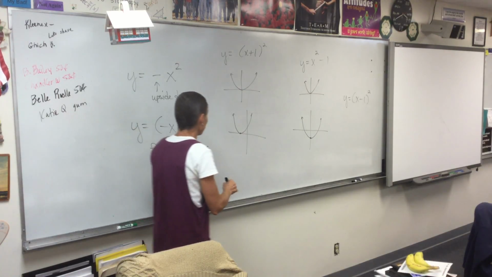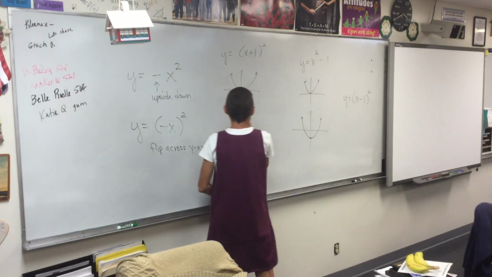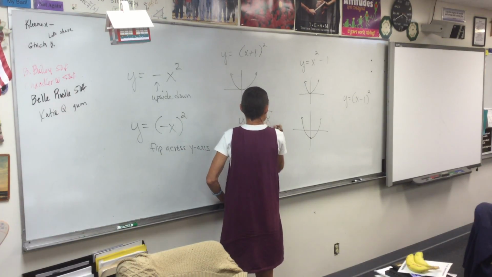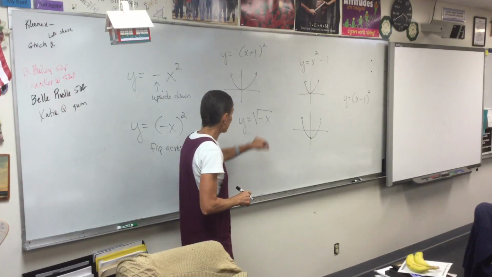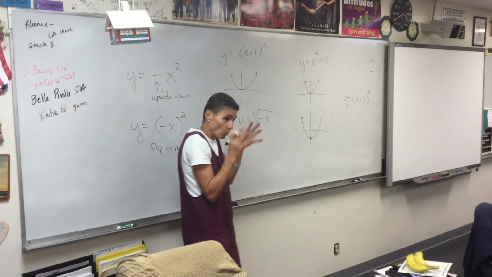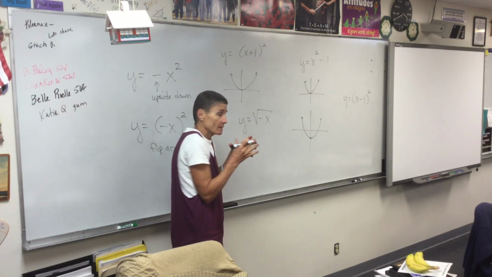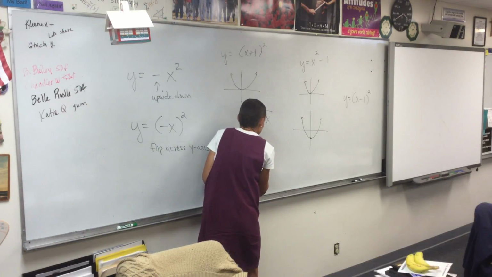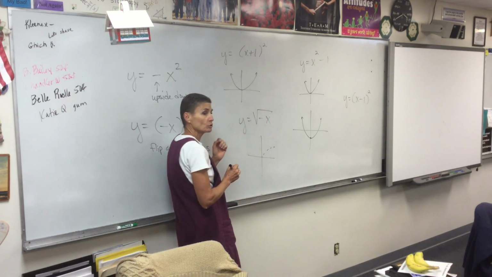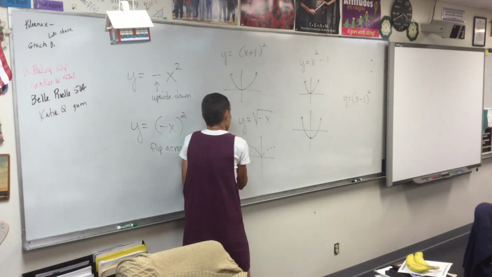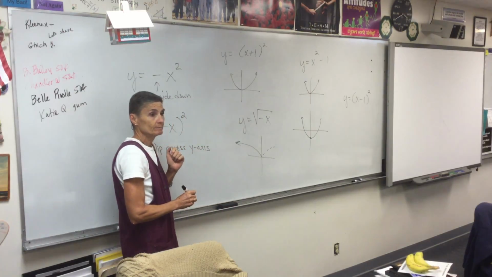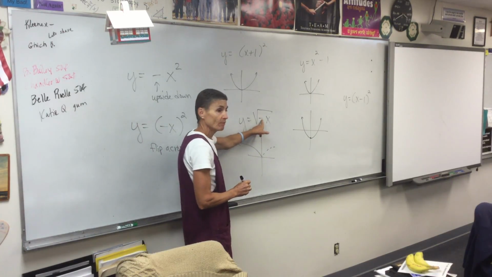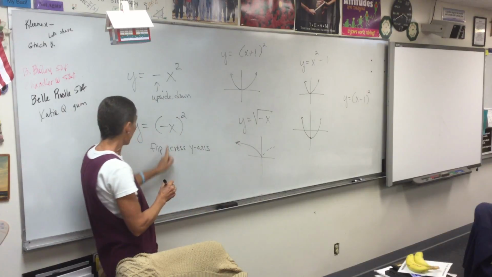So, if I had this equation where the negative is grouped with the x, that would take this picture, my normal square root picture, and make it go this way. If I put the negative on the x, it takes it across the y-axis.